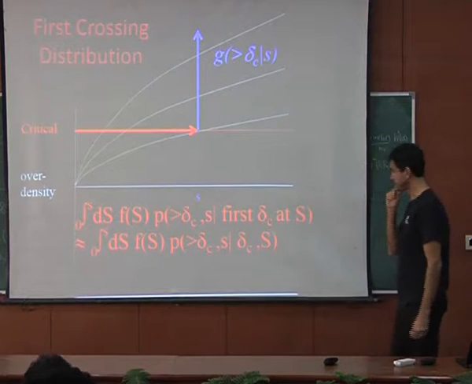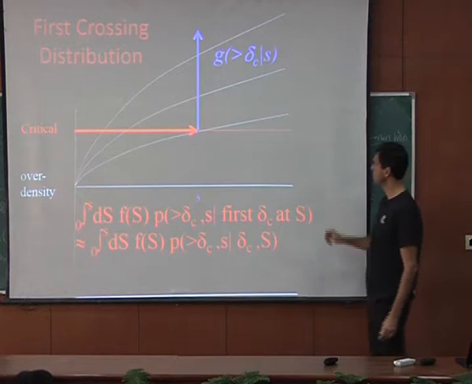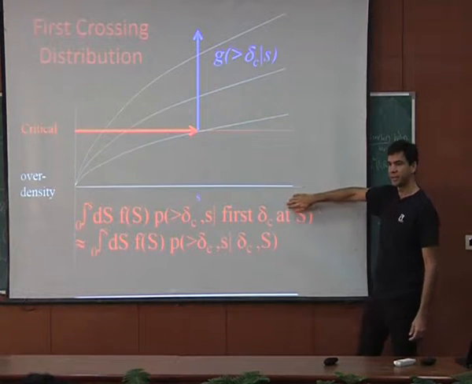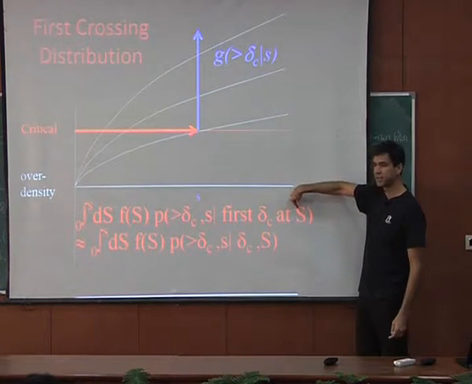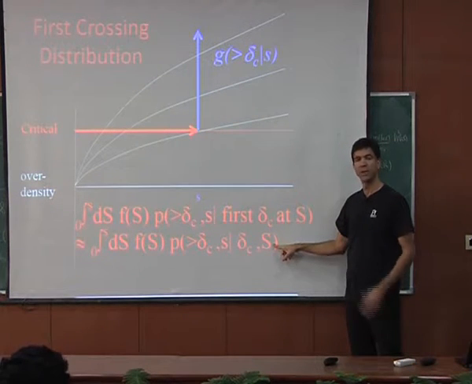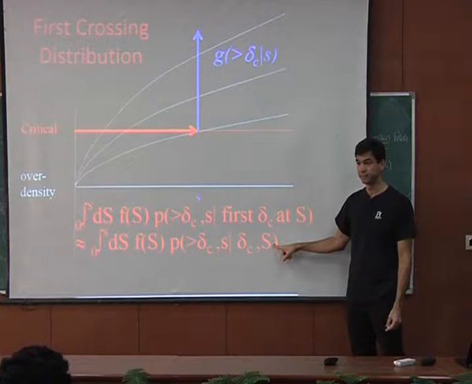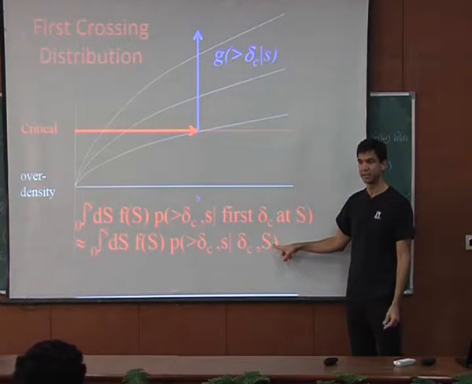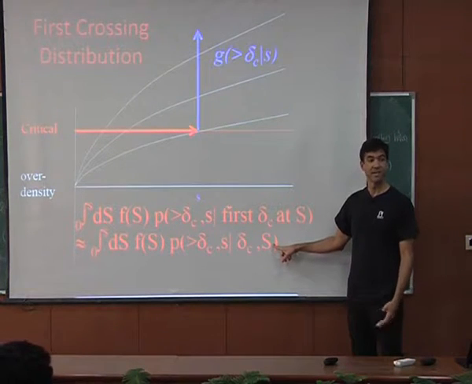Okay. So one approximation is to say, well, maybe I can replace this condition that it crossed for the first time on the bigger scale with simply that it is this height on this scale, whether or not it crossed previously, meaning at some smaller scale, so smaller S, bigger smoothing scale.